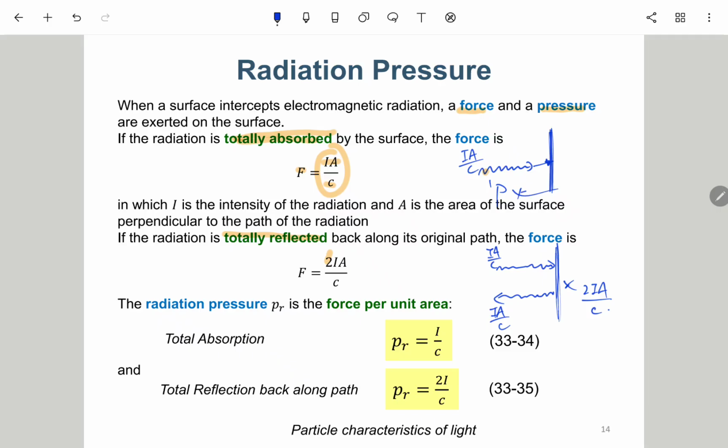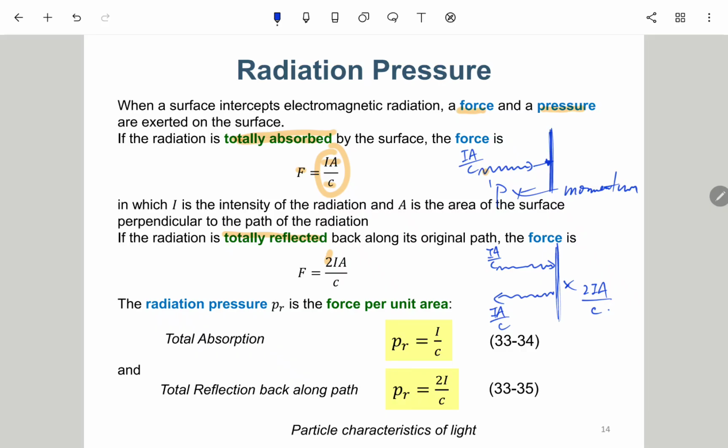So the momentum will change, and it will absorb all the momentum, so there will be a force. The momentum change will be like the force multiplied by the time.